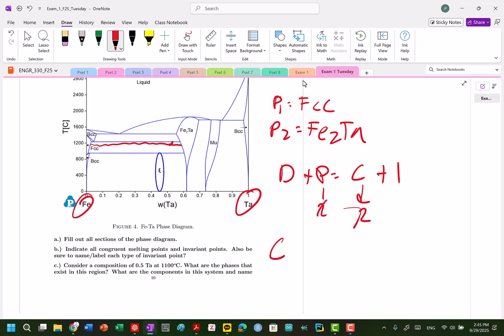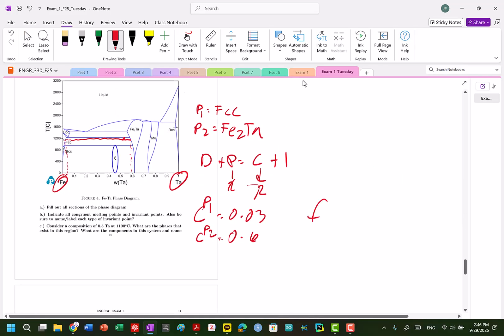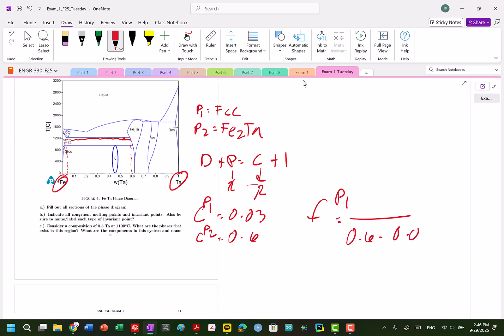Excellent. The composition in phase 1, or FCC, is going to be way over here. I'm going to call that like 0.03. Composition in phase 2 is going to be, let's call that basically 0.6. So the fraction in phase 1 is going to be, in the denominator, 0.6 minus 0.03.